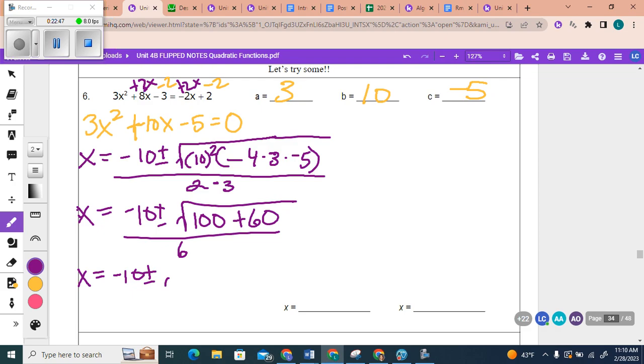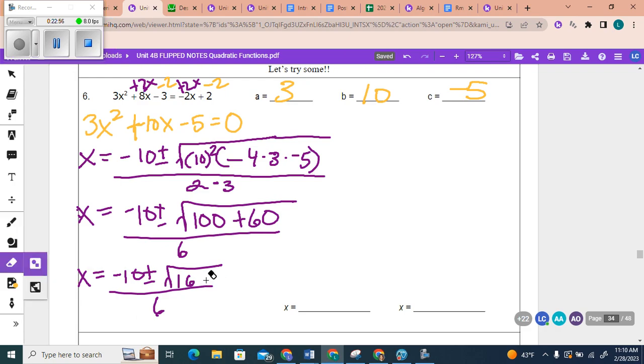Amazing. We add 160 divided by 6. Your brain should just kind of take you there. You just feel the urge to do things. Because in math, these are steps we've done for a long time.